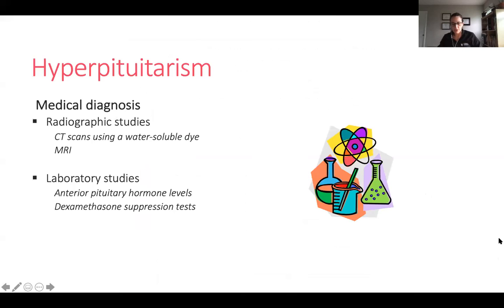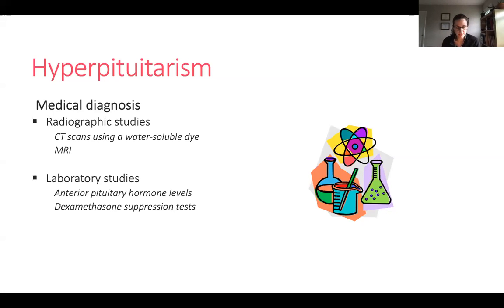So medical diagnosis, they will do a CT scan or MRI. And then they can do hormone studies to see if there is a dysfunction and how much it's released, if it's releasing too much. So one test that they can do is called dexamethasone suppression, and that can rule out problems with dysfunction of the adrenal glands.